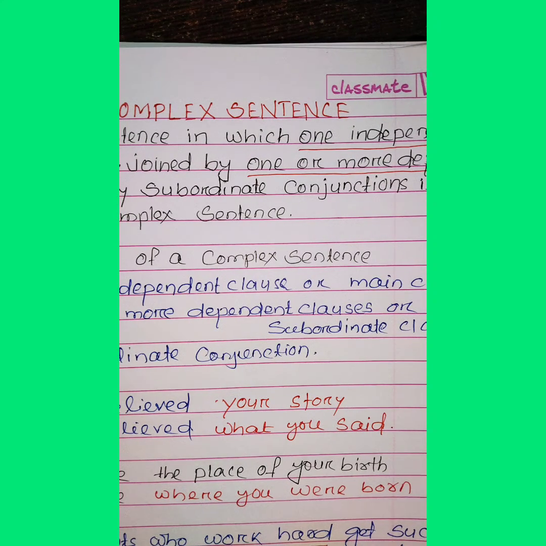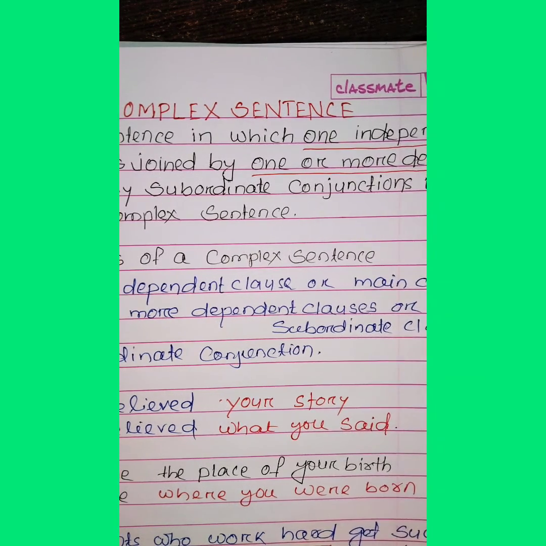Now the sentence in which there must be one independent clause and one or more dependent clauses. One or more dependent clauses are added to an independent clause by some subordinate conjunctions.